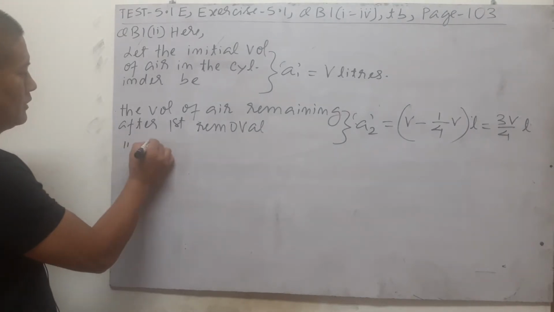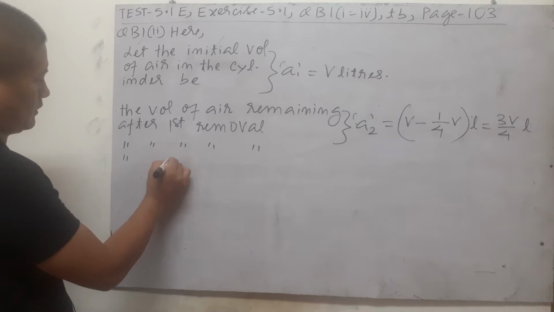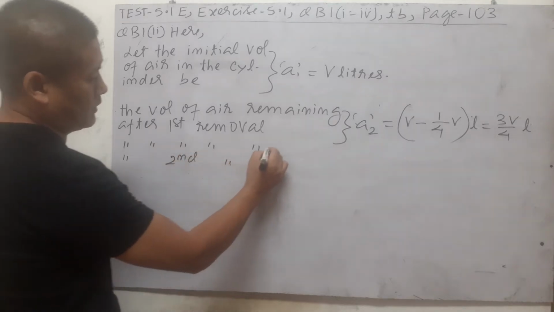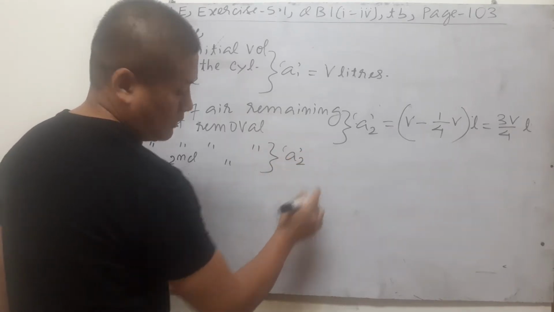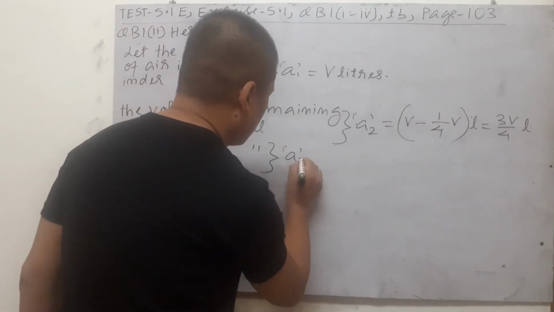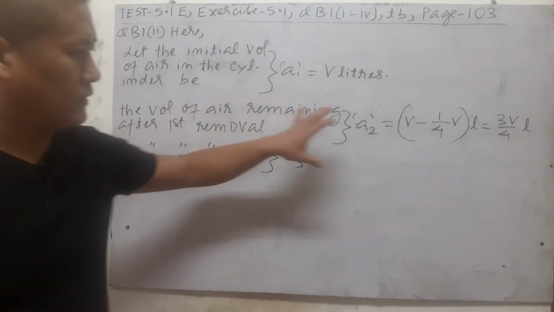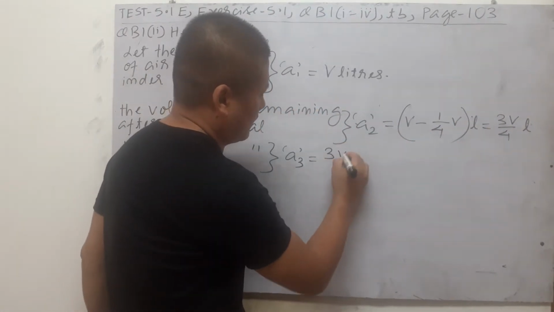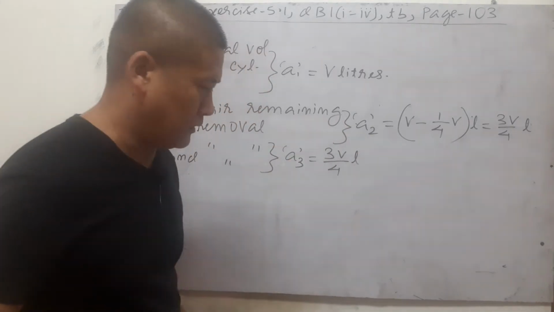Similarly, the volume of air remaining after the second removal, let us say A3. A1 is here, A2, and A3 will be, now you see, whatever is left after the first removal.